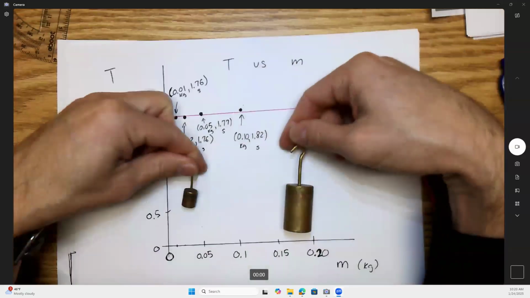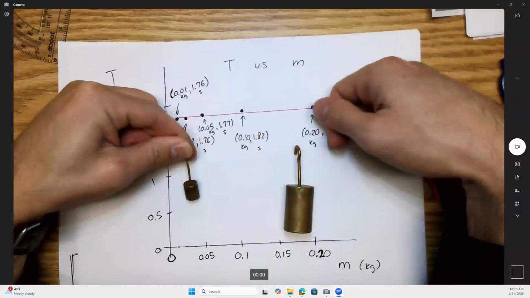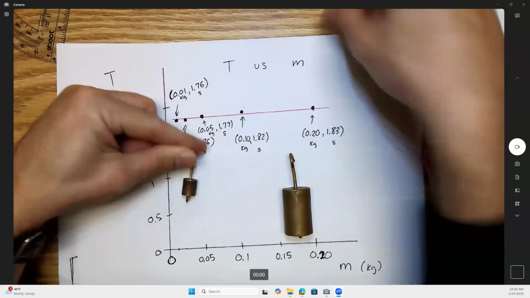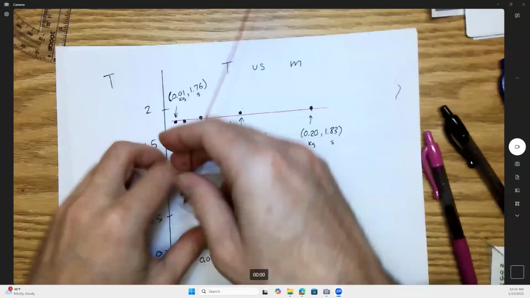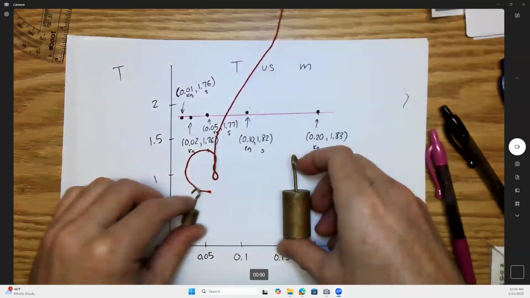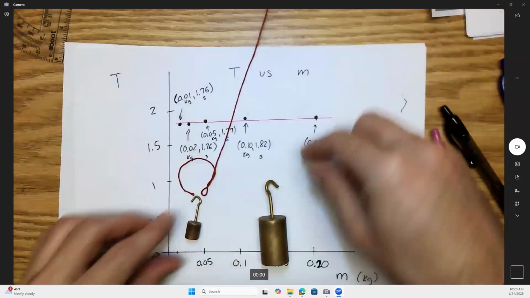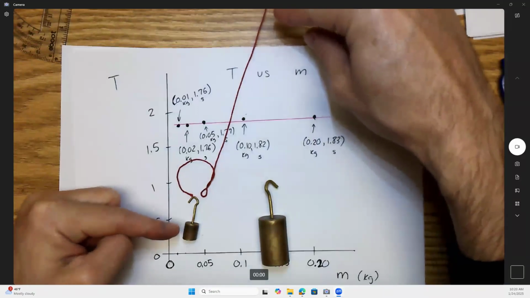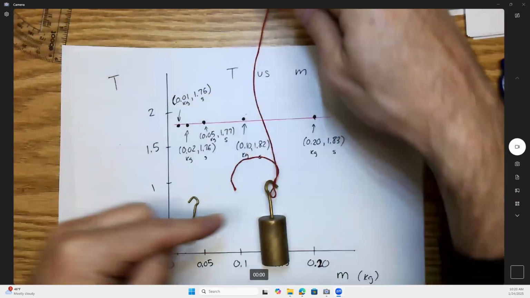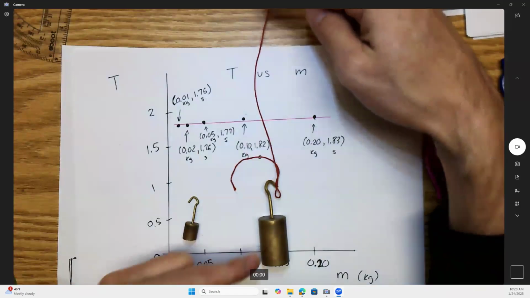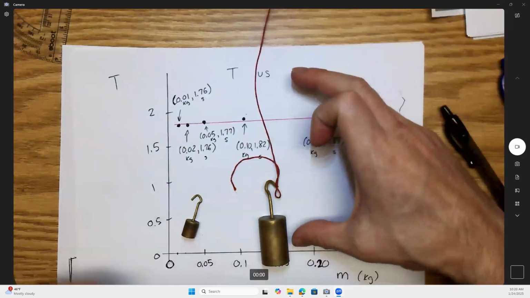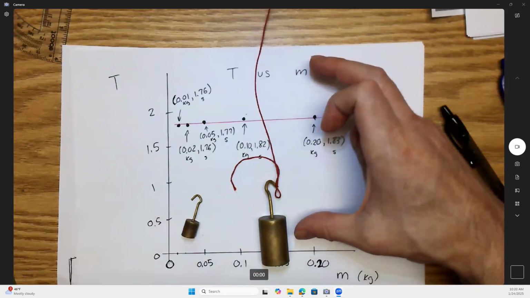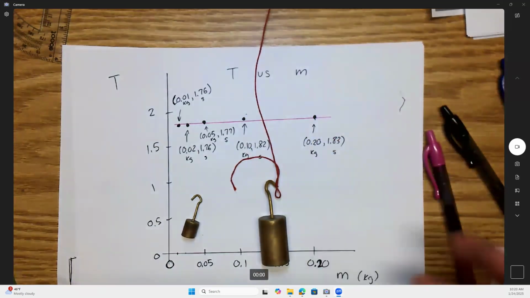How about this? If I attach this to a string and I unhook it and hook this one on, and I'm measuring the length of the pendulum relative to a pivot point up here, from the pivot point down to the center of mass of this weight, then the center of mass of this one is going to be effectively a tiny bit longer, maybe half a centimeter, because the larger lab weights are physically larger.